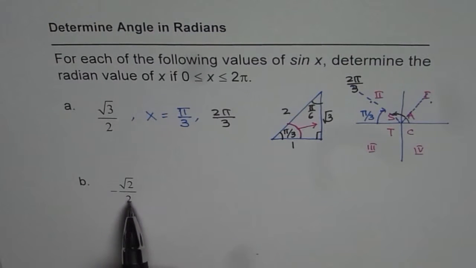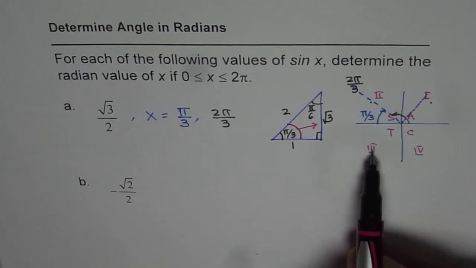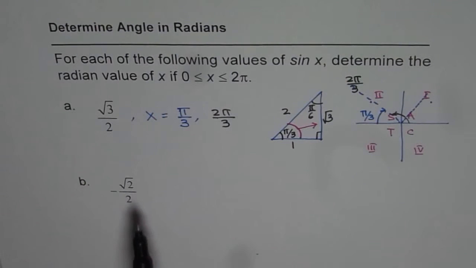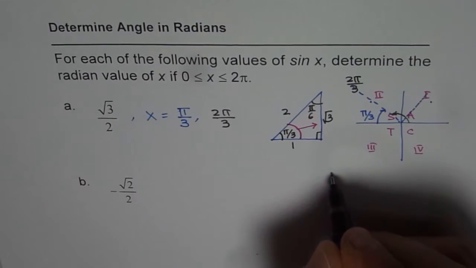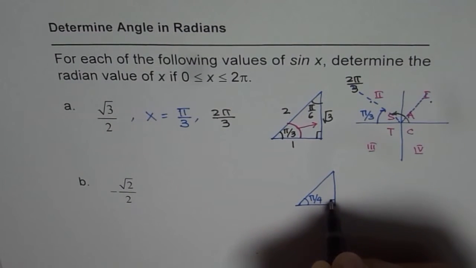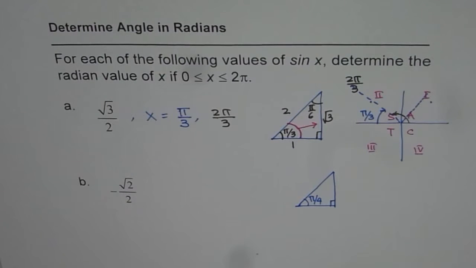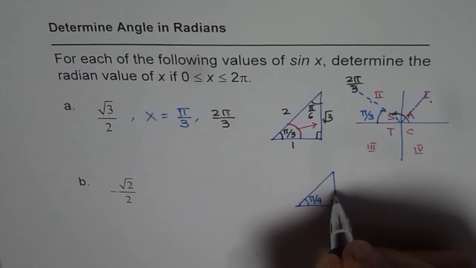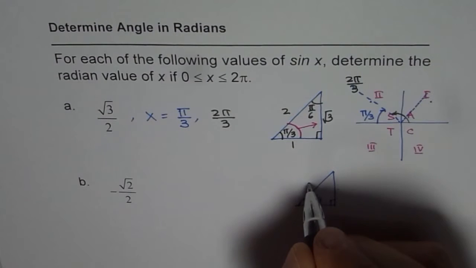Now let's look into the next example. Here the value is negative for sine x, right? Negative means we are in quadrant 3 and 4, correct? Now that reminds us of a special triangle which is 45, or pi by 4, correct? So that is our pi by 4 triangle, in which the sides you could write as 1, 1 and square root 2.